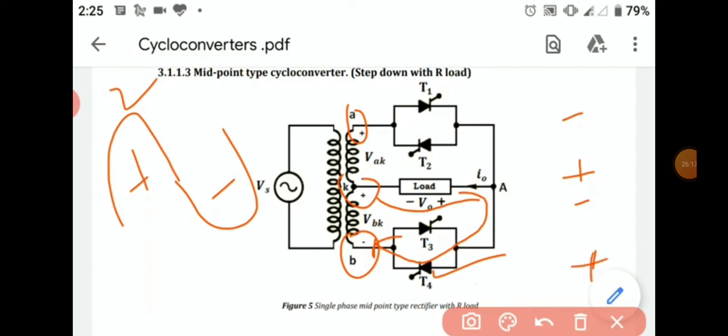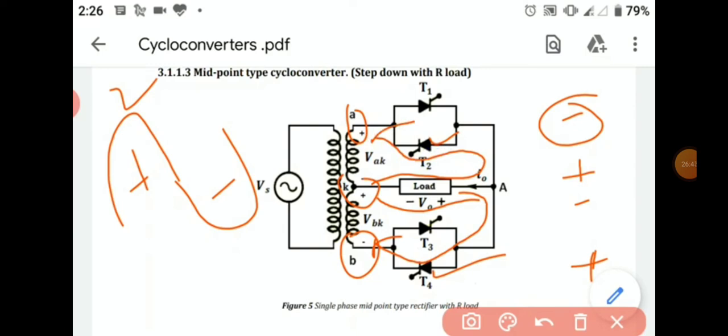Due to this, thyristor T2 will be forward biased as it is connected in reverse direction, and due to the negative potential at point A, thyristor T2 will be forward biased. So the current through the load through the thyristor T2 will flow like this.